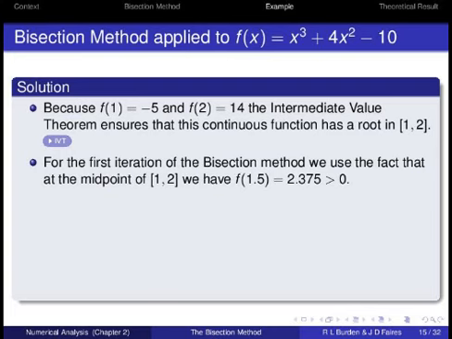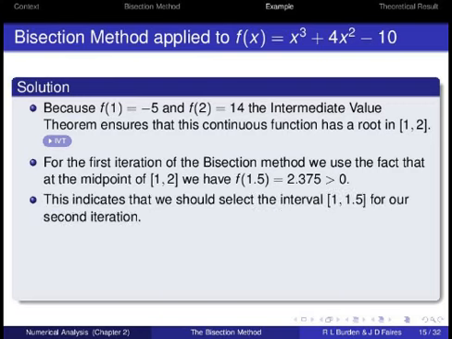So now we find f of 1.5 and check whether it is positive or negative. Then we select the subinterval based on the opposite sign condition. For the first iteration of the bisection method, we use the fact that at the midpoint of 1 and 2, f of 1.5 is 2.375. Now f of 1.5 is a positive value, so it will replace the previous positive value, that is f of 2.